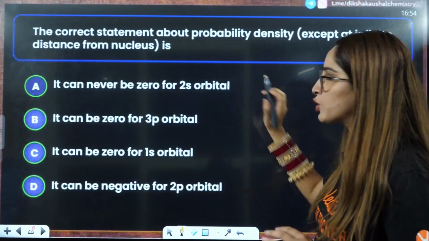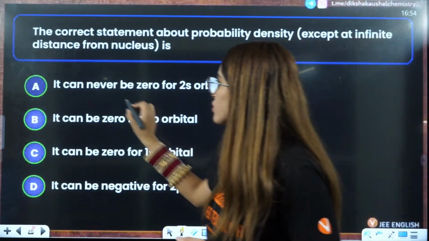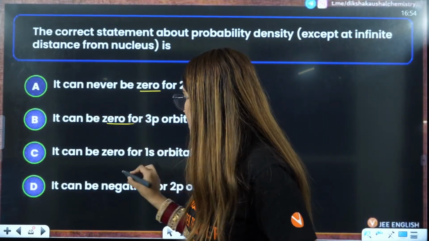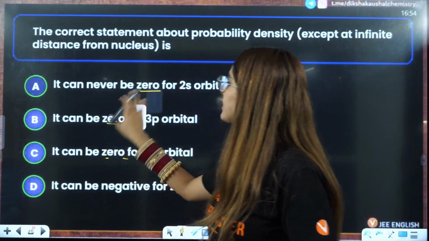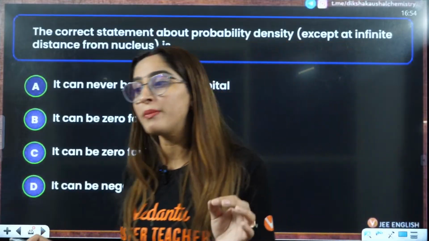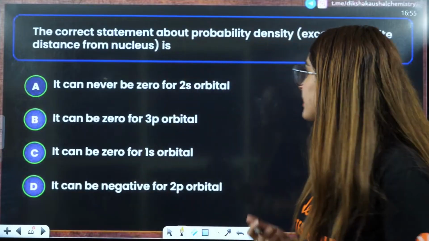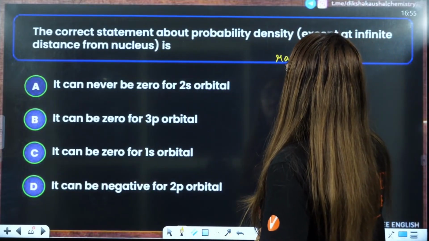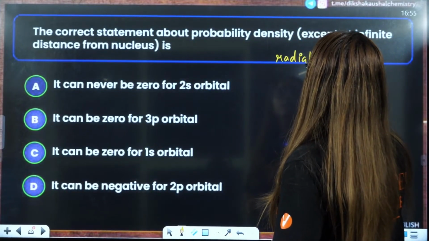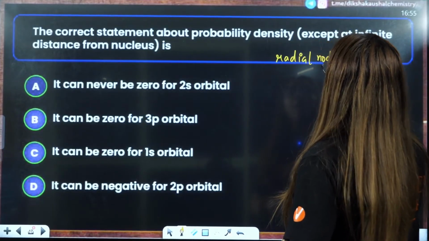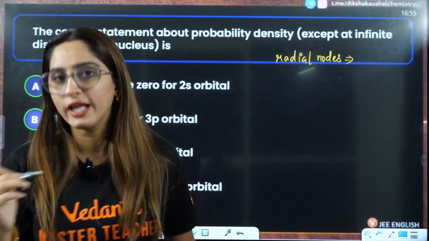They are asking about 2s, that is 2, 0, 0, 0, right? Now tell me one thing. When probability density is 0, what is that called? That is called a node. So we will calculate radial nodes here. See how smartly they are asking you about radial nodes.